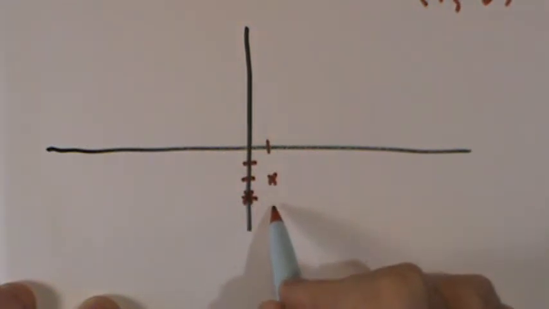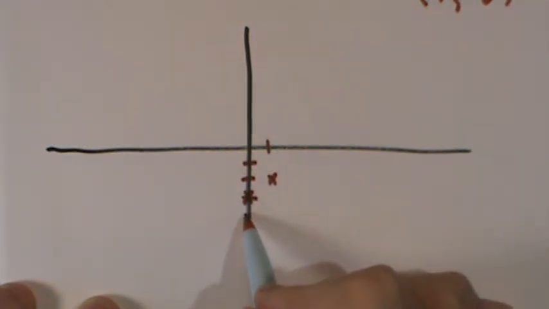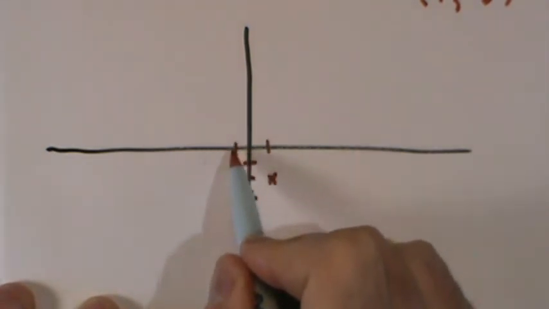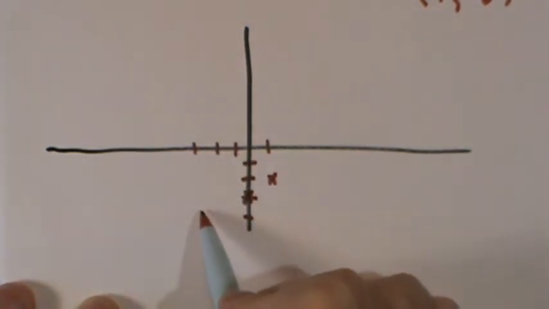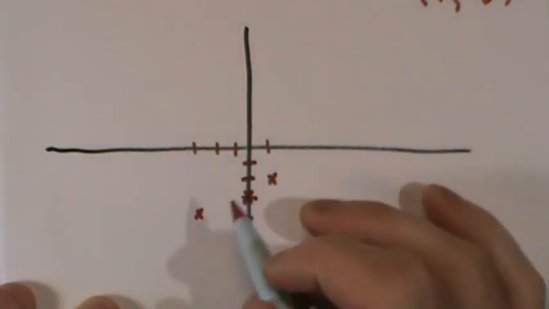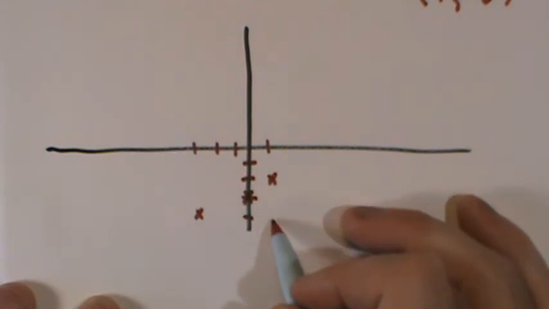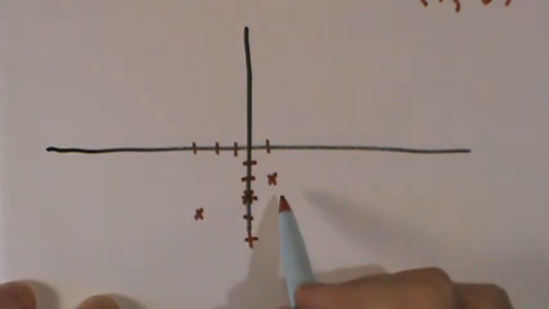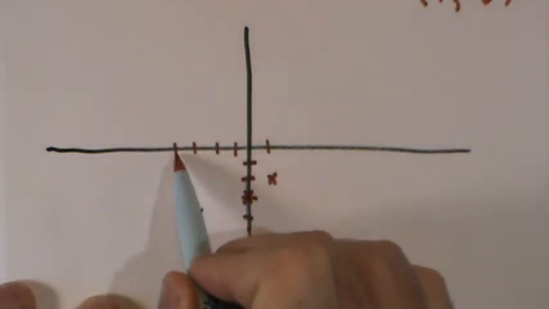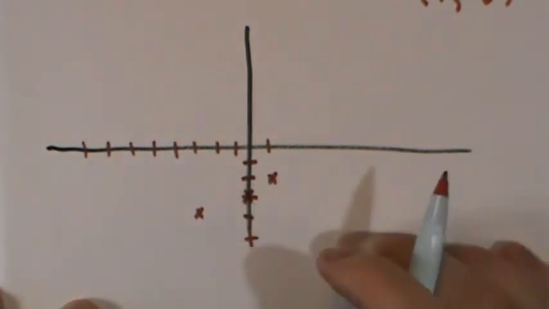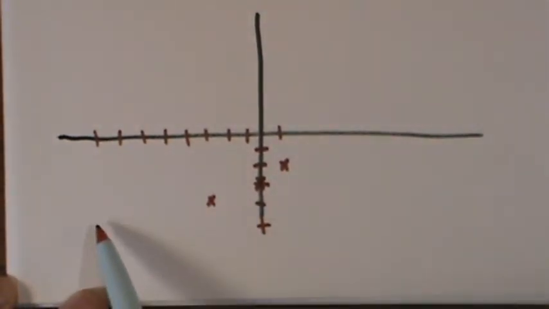Then I go down 2 units, and I should go left 4 from the vertex. So here's 1, 2, 3, 4. That would be my second point. And really on these, I'm just trying to get 4 points on there. So I'll go down 3 units, and I should go left 9 from the vertex. So I'm at 4, 5, 6, 7, 8, 9 units from that vertex. And then I can put a point right there.